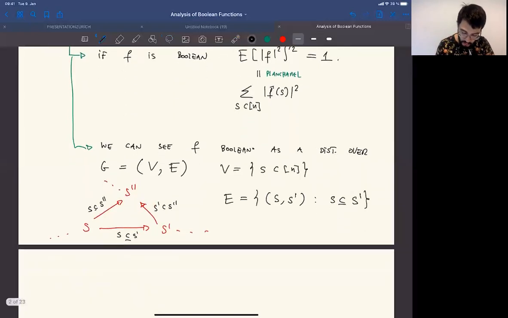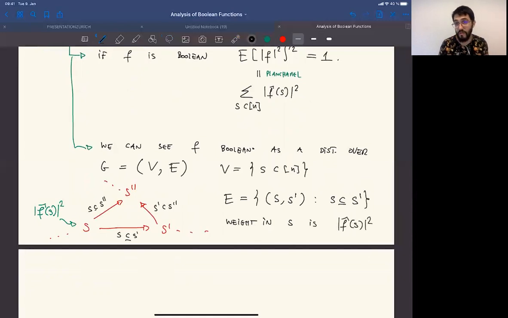And then you put here the weight, so the weight in S will be this guy.